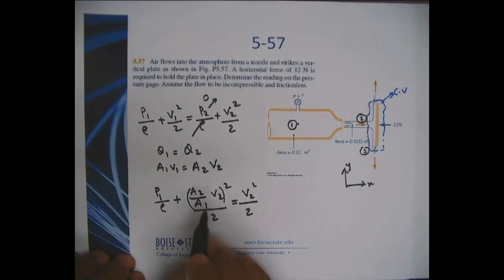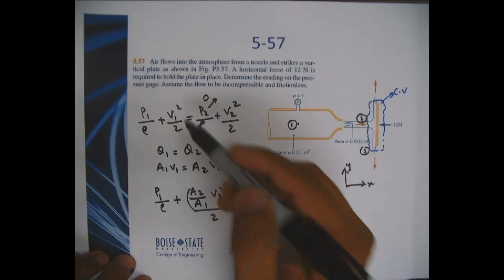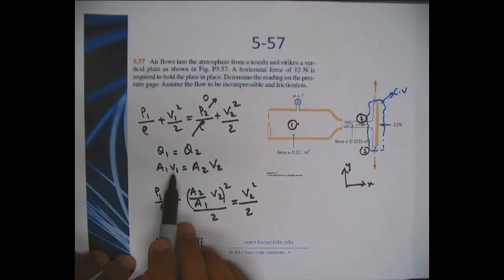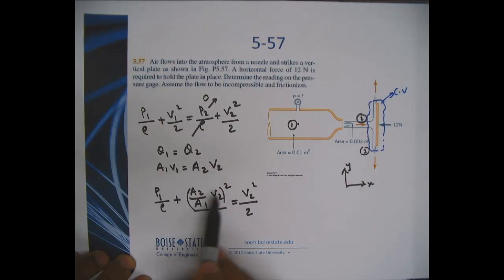Okay, so I have written everything in terms of one variable V2, because V1 is nothing but A2 over A1 V2, so that's why you have the square. Okay, now you end up with two unknowns.